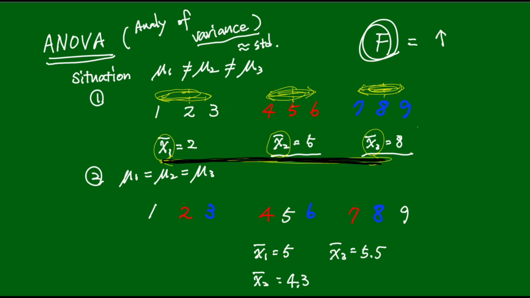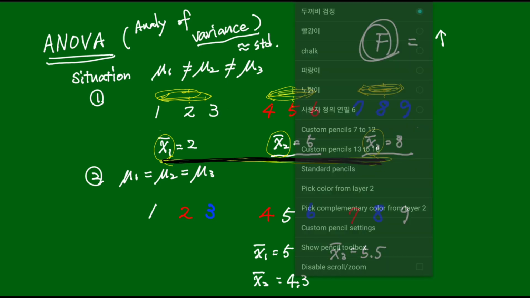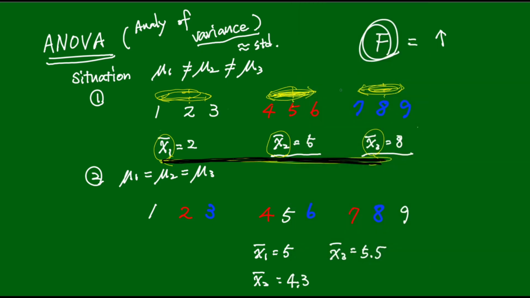And the yellow bar is the sample variance within the group, like the variance of the data within the group. So compared to the black bar and the average of the yellow bar, the black bar is much larger in situation 1, right?